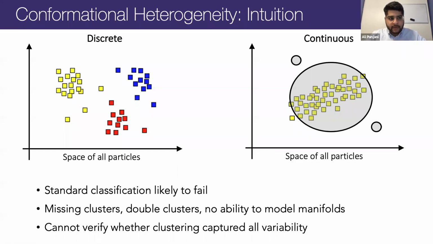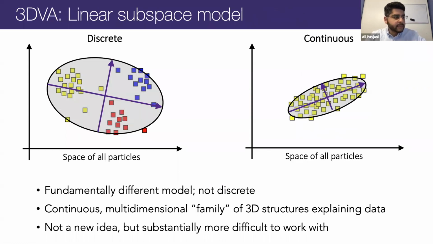And this is where 3D variability and techniques like it try to step outside of the box. 3D variability is based on a fundamentally different model from classification. There are no discrete clusters in 3D variability analysis. The actual model is based on what we call a linear subspace model.